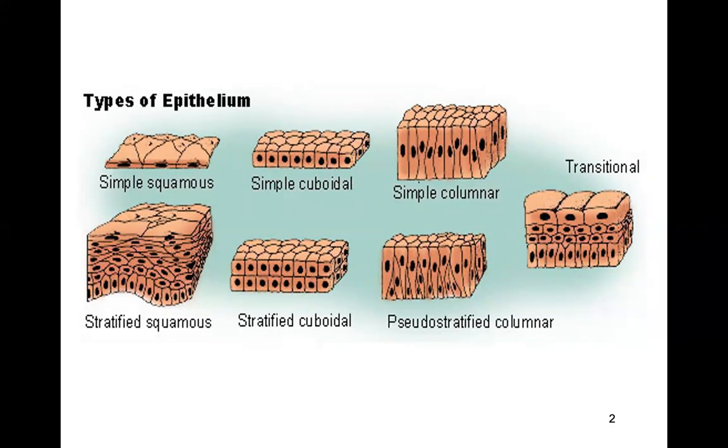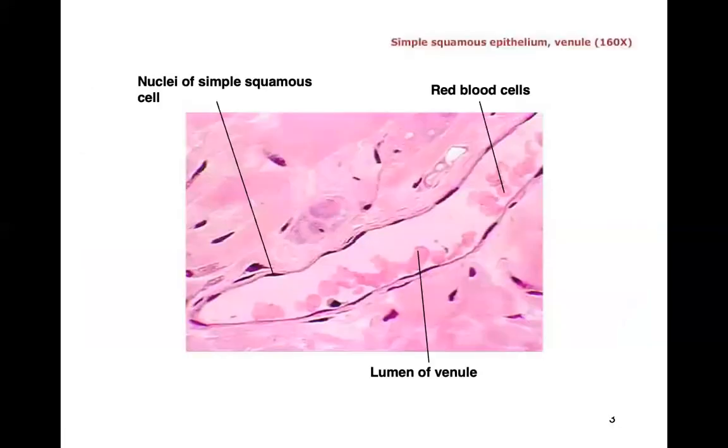That would be the difference between simple and stratified. And then what's the shape of the cell? Is it flat, irregular? Is it cube shaped or is it columnar? Or does it look like it's stratified and it's not, and does it look like it's multiple shapes? That would be transitional.